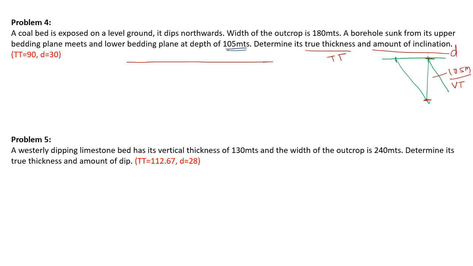So they say there is a width of the outcrop that is 180 meters. And they say a borehole is sunk from the top to bottom, and this distance I will be taking towards the east line.